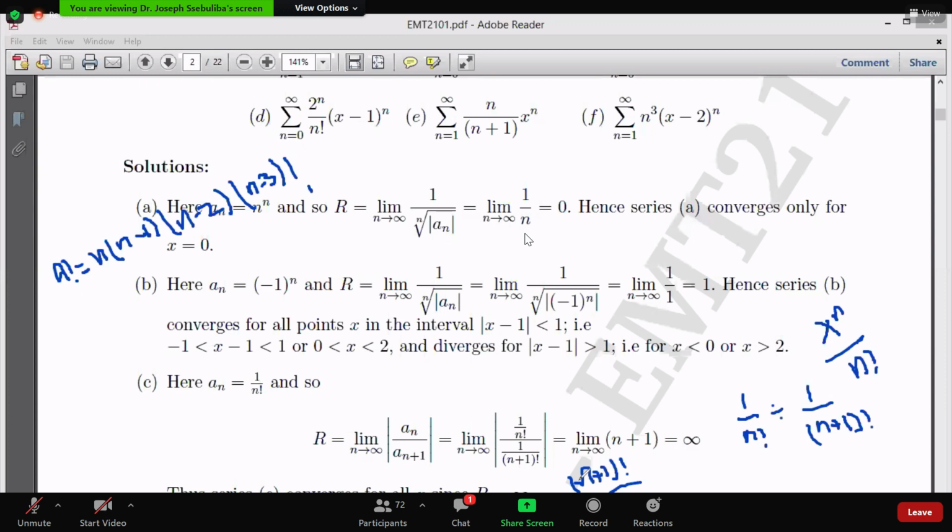So since this is n plus 1 factorial, we can expand the numerator until we get something similar to what we have in the denominator, and then we settle it there. So it means that if we are to do this, we can have our n plus 1 factorial. What is this? This is the same as n plus 1.